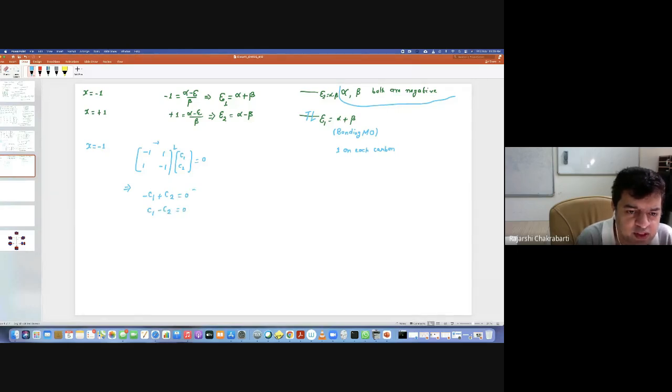Although you have two equations, practically we have one equation. This is C1 equal to C2. Fine? So phi 1 is C1 chi 1 plus C2 chi 2. But I know that C1 equal to C2, so I can take C1 common.